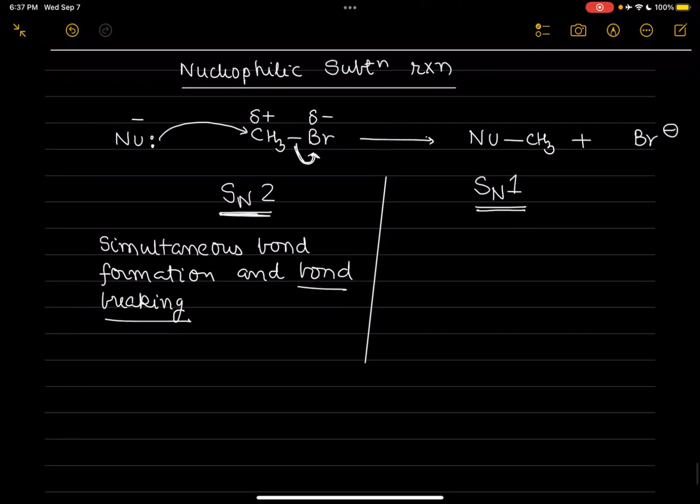And in SN1 reaction, how does it happen? Then SN1 reaction, any idea? Like it breaks and forms at the same time, right? Yeah, in SN2, both formation and breaking occur at the same time.